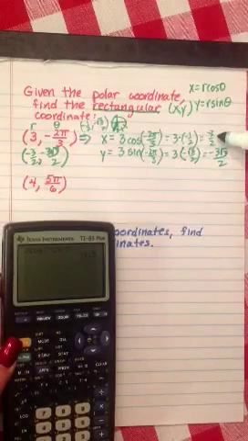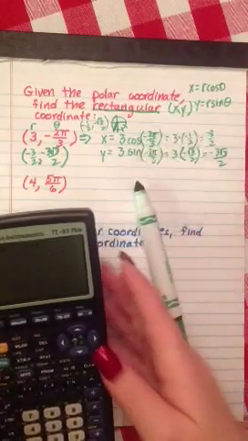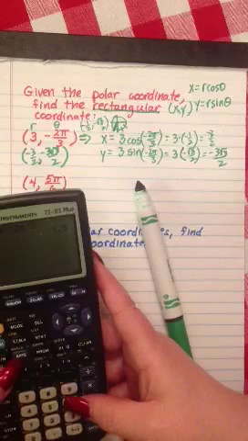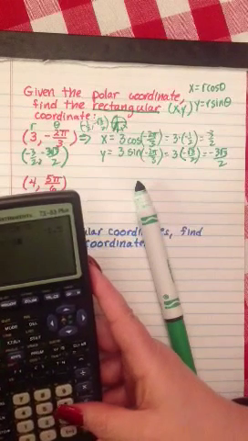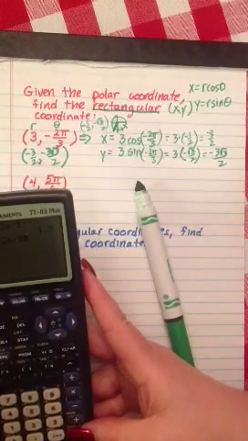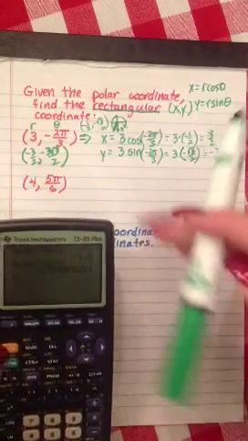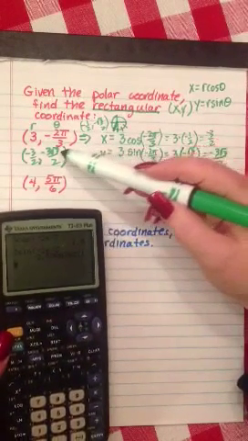You notice that's the same as negative 3/2. And then to find the y-coordinate, I go 3 times the sine of negative 2 pi divided by 3, and I get negative 2.59 right here.